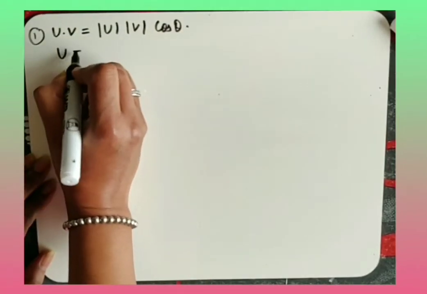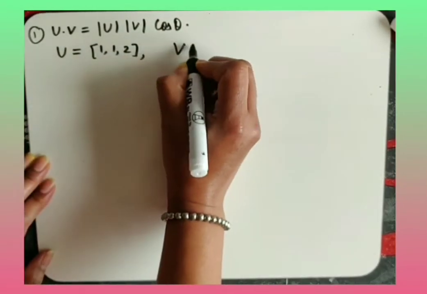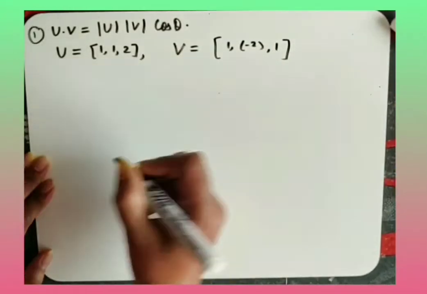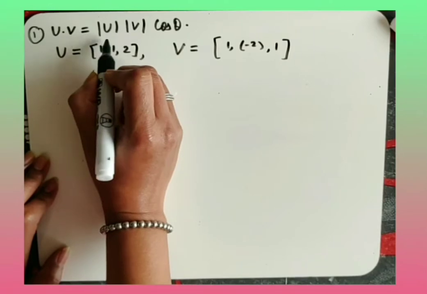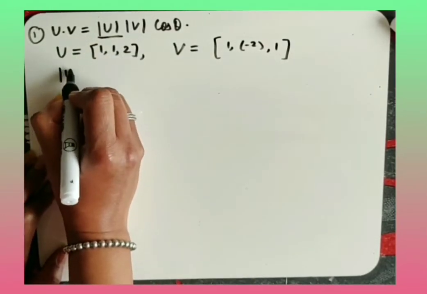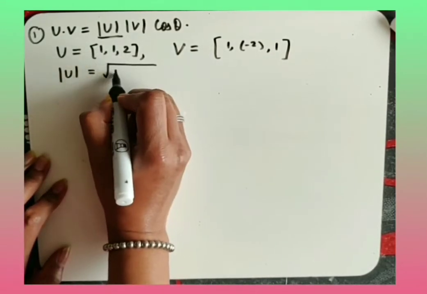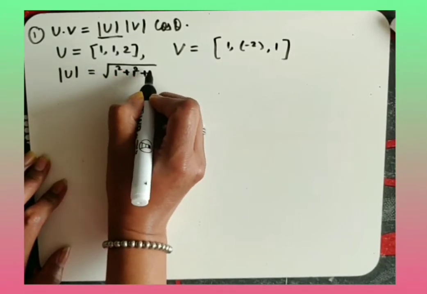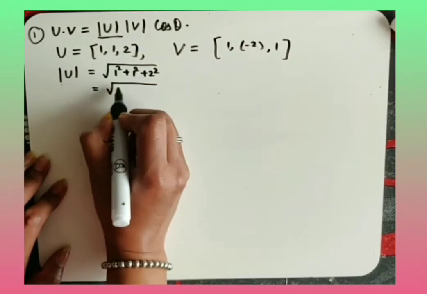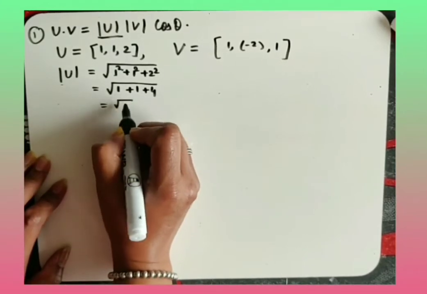And we have vectors u equals 1, 1, 2 and v equals 1, minus 2, 1. Now we need the absolute value of u. The formula for the absolute value of u is the square root of 1 squared plus 1 squared plus 2 squared. Calculate it: 1 squared is 1, plus 1, and plus 4. So this will be the square root of 6.